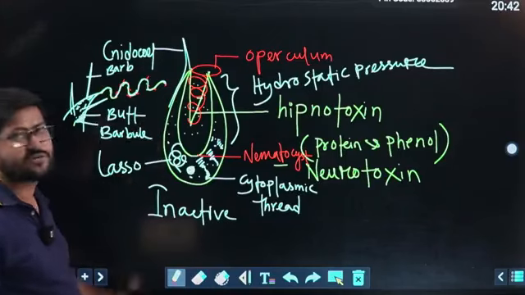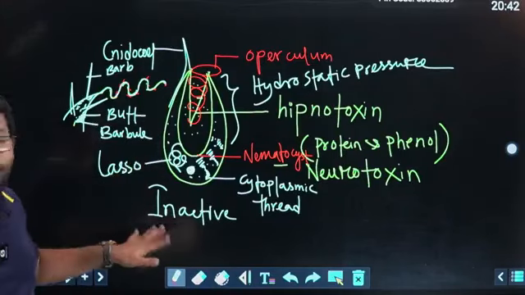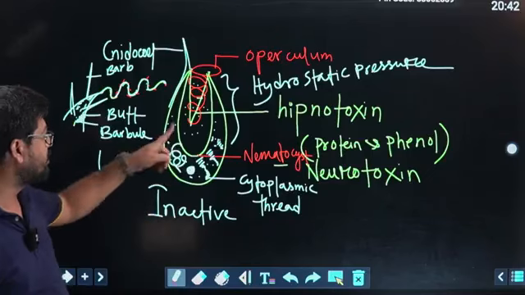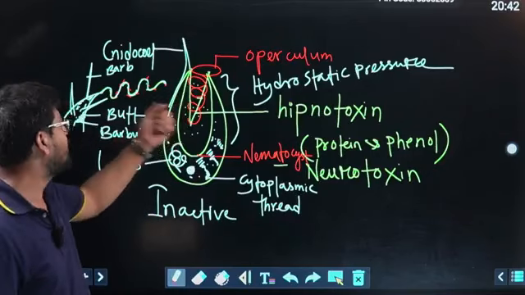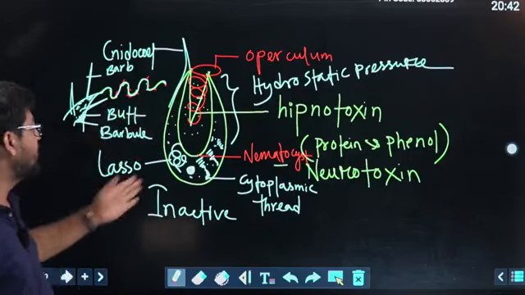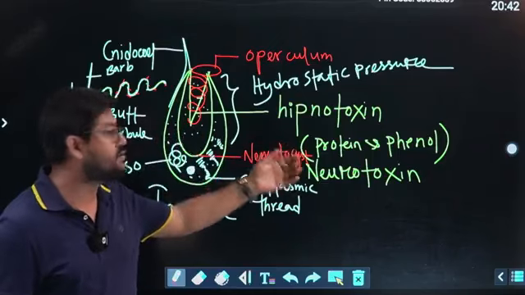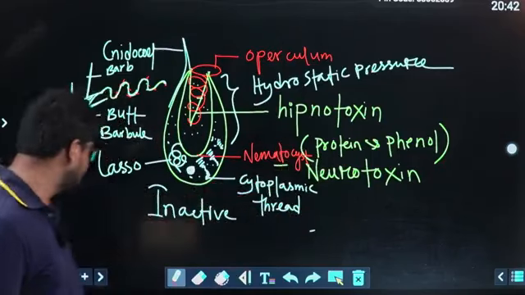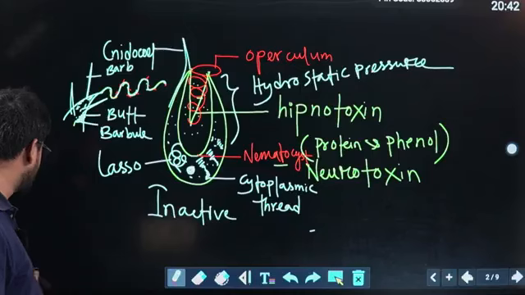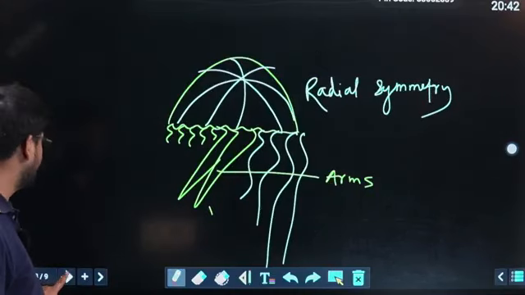It is the structure of the special cell that is in Cnidaria. It is the cnidoblast cell, and the cnidoblast cell contains the nematocyst containing the thread, and this also contains a poisonous material, hypnotoxin, and this also you have to remember. So this way we are listing many things here.